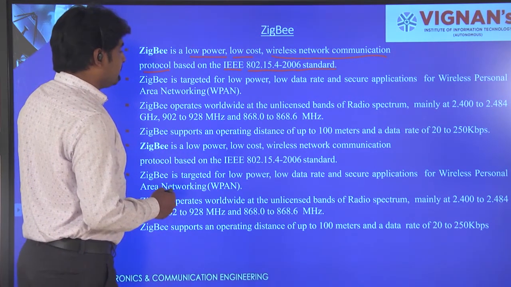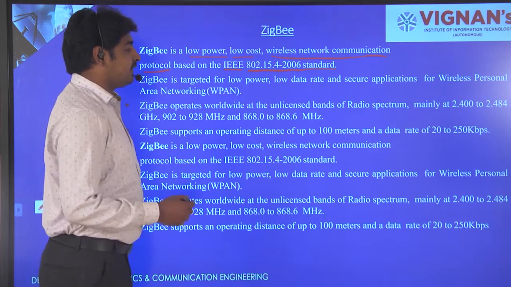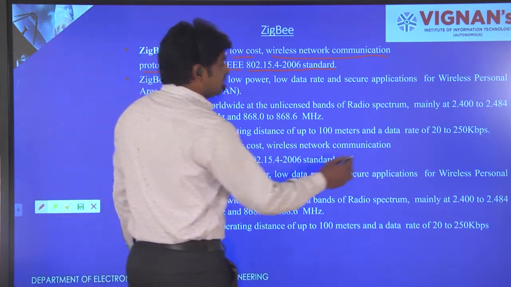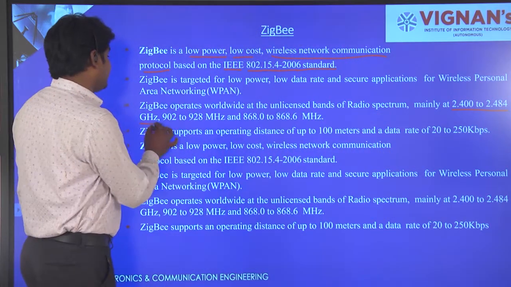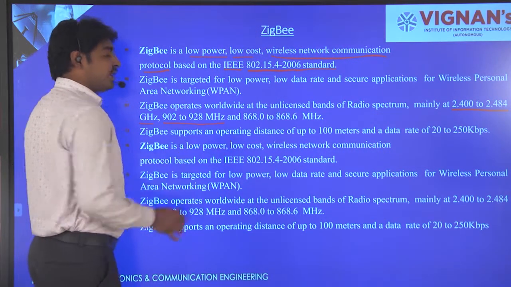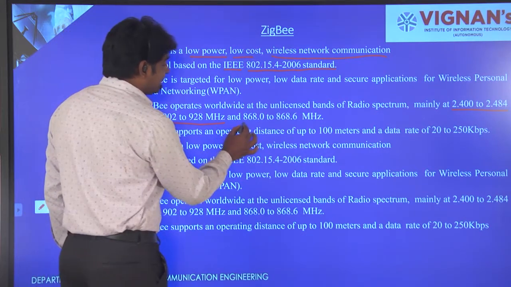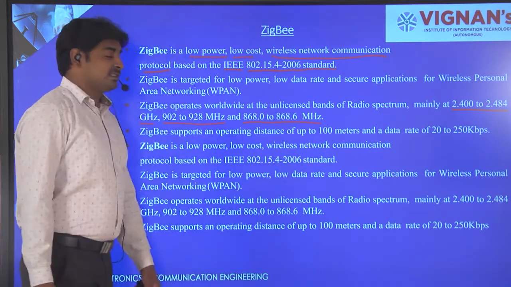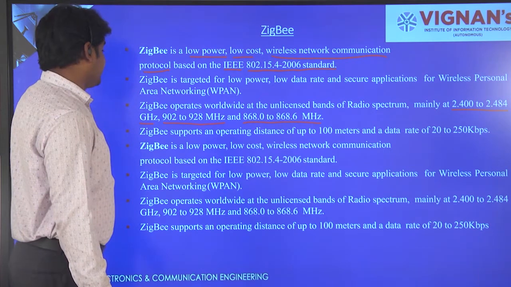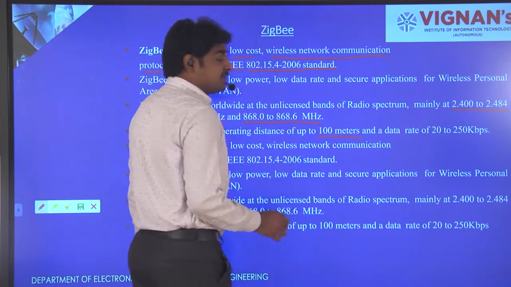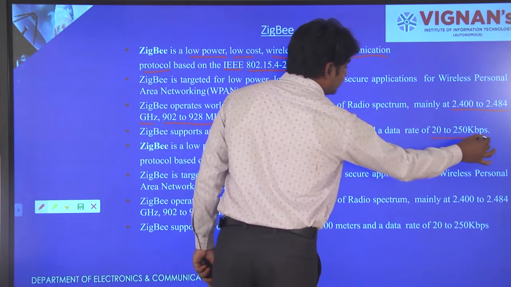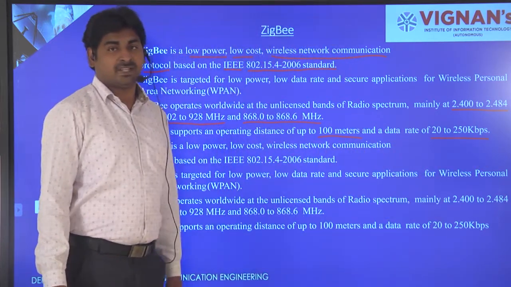Zigbee operates worldwide in the unlicensed band of the radio spectrum, mainly at 2.4 to 2.484 gigahertz, 902 to 928 megahertz, and 868.0 to 868.6 megahertz, and it supports a distance up to 100 meters with a data rate of 20 to 250 kilobits per second.